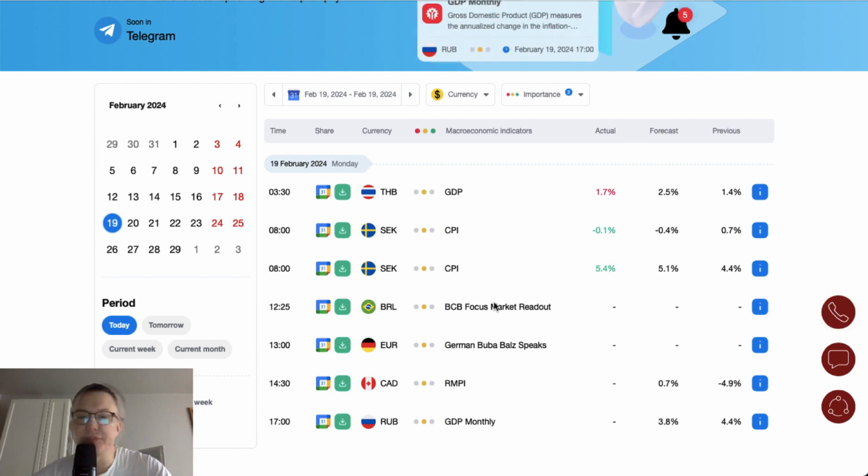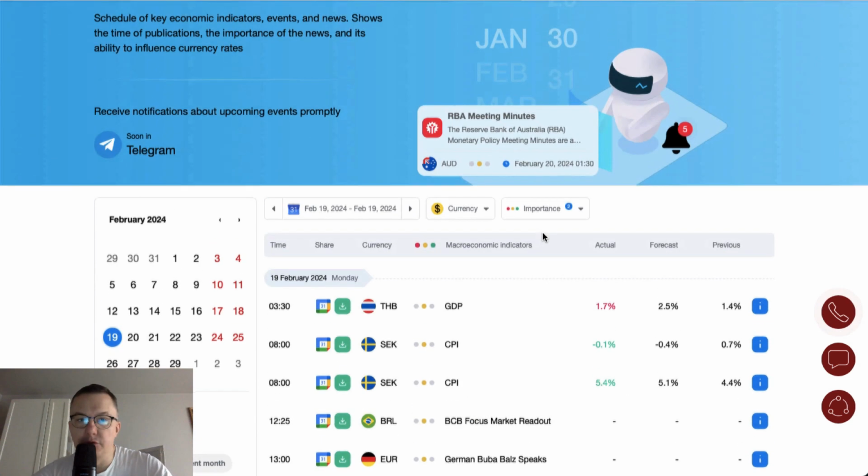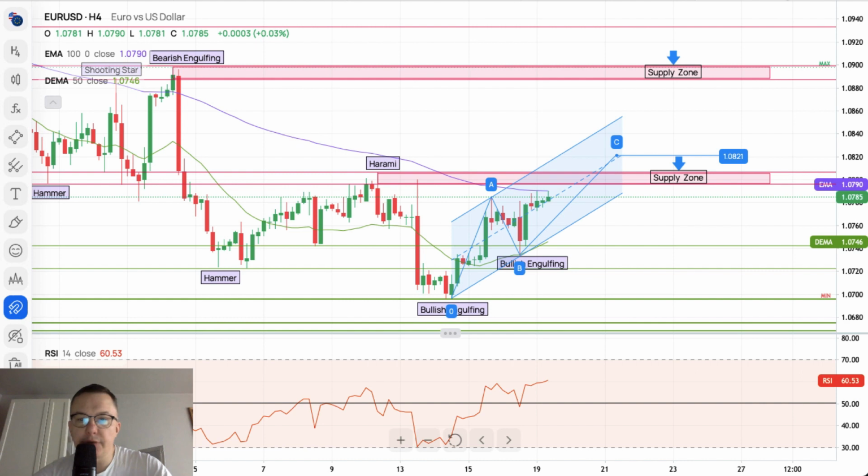Nevertheless, let's find out what is going on the chart, and we are going to do the review of the majors. We start from euro-dollar. The euro-dollar 4-hour chart keeps moving upward. We just hit the 100 period moving average on the 4-hour chart, located roughly around 1.0790.